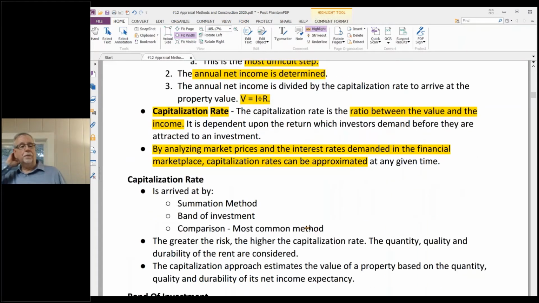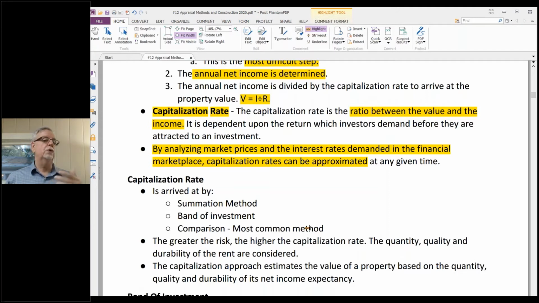So we're analyzing market prices. When we're doing capitalization rates and we want to know what other kinds of retail buildings have what kind of capitalization rates, we would look at the sales price of those properties.